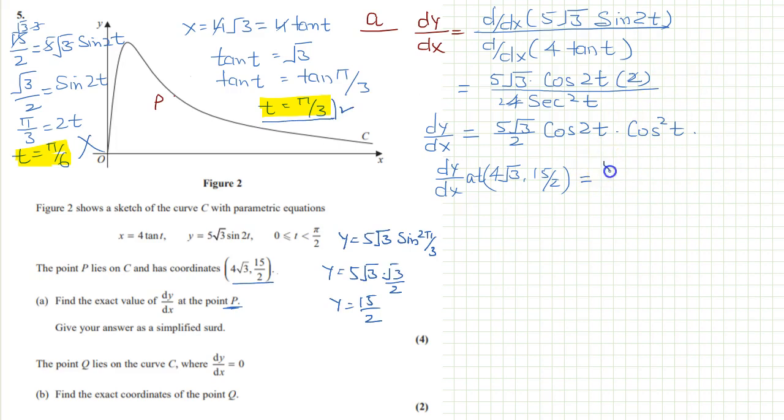So it will be 5 root 3 over 2 cos 2 pi over 3 into cos square pi over 3.